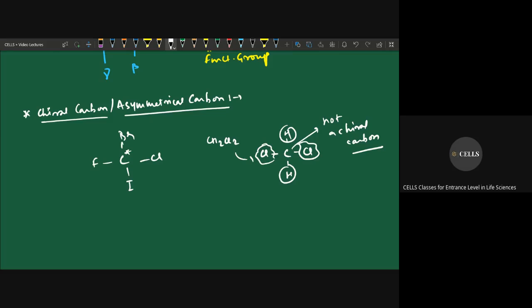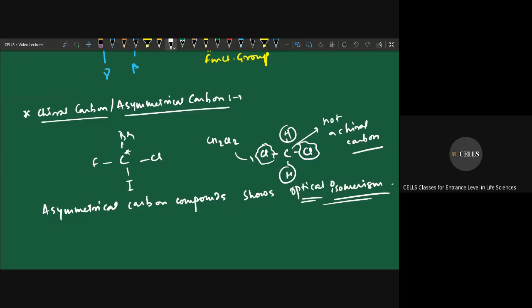Let's not discuss the chiral carbon now. We will just write one thing: asymmetrical carbon compounds show optical isomerism. Right. So these are the basic things we need to remember.